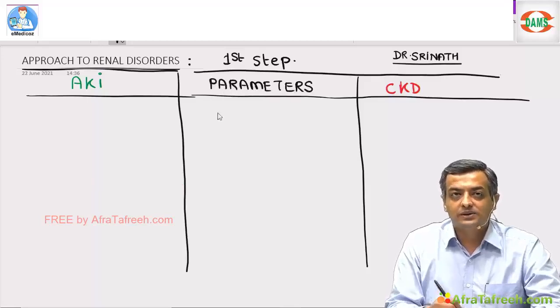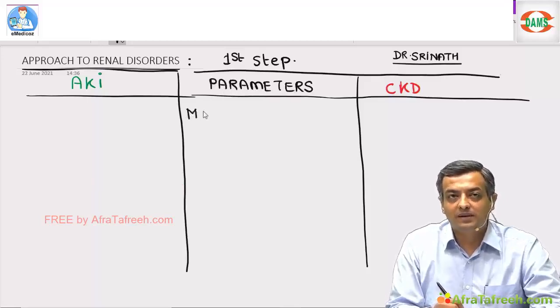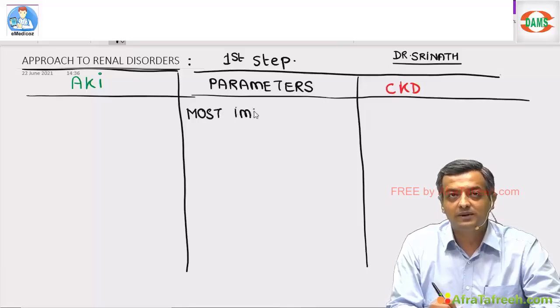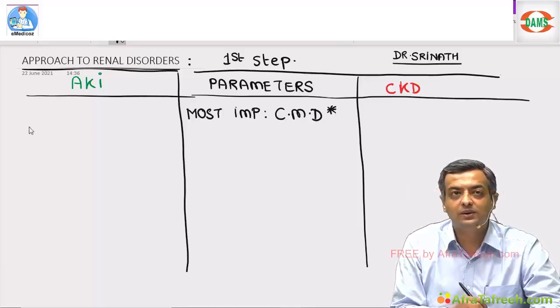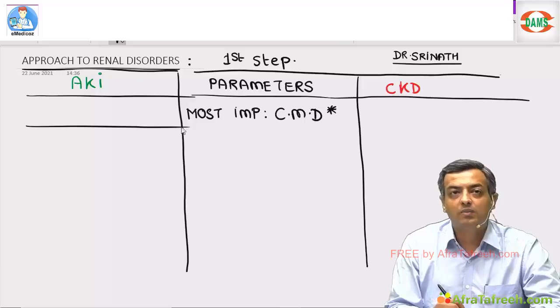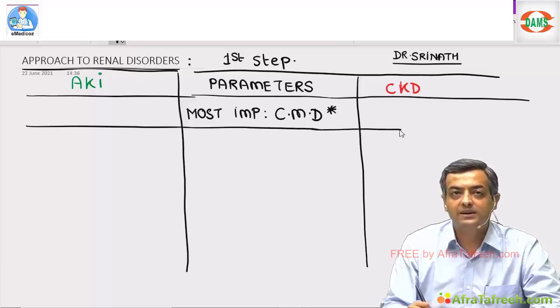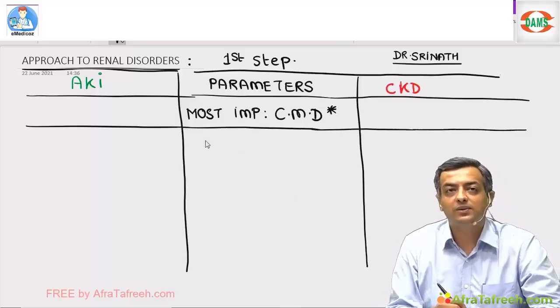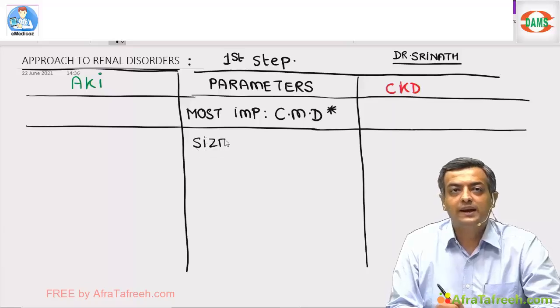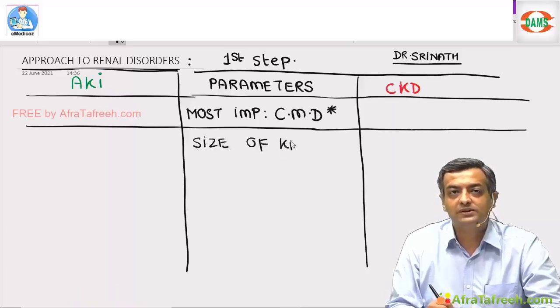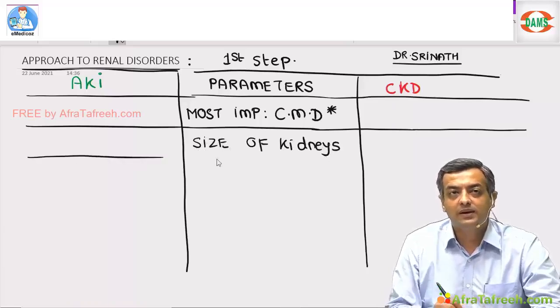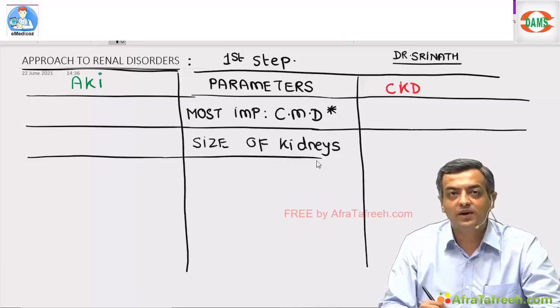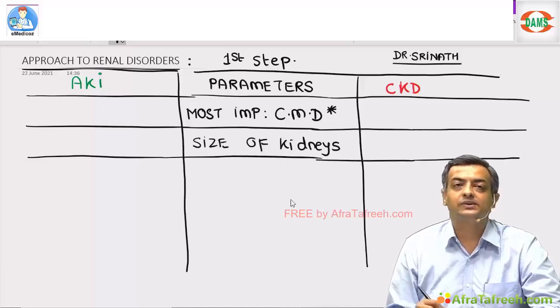The most important parameter we have discussed in the assessment methods is the corticomedullary differentiation on the ultrasound. You can also take the help of the size of the kidneys on the ultrasound to help differentiate whether you are dealing with a case of acute or chronic kidney disease.